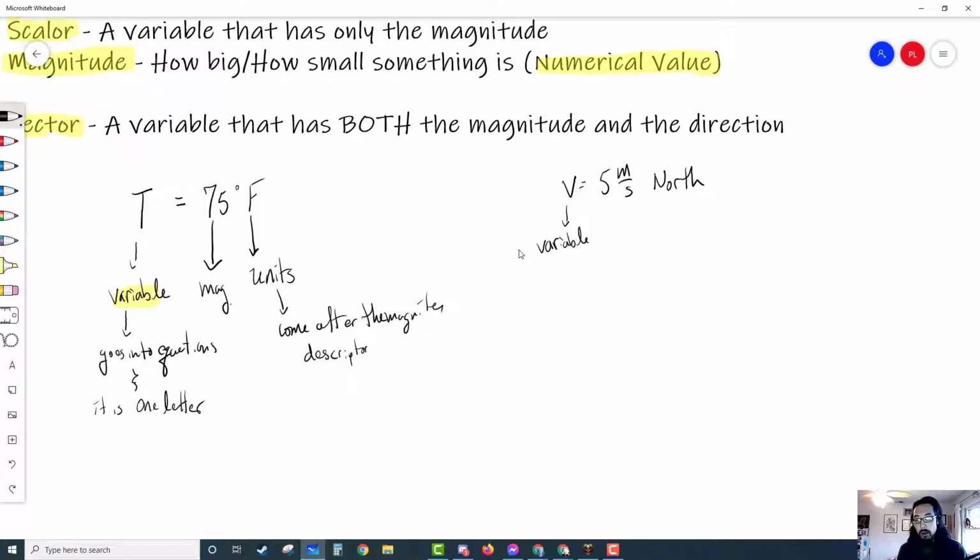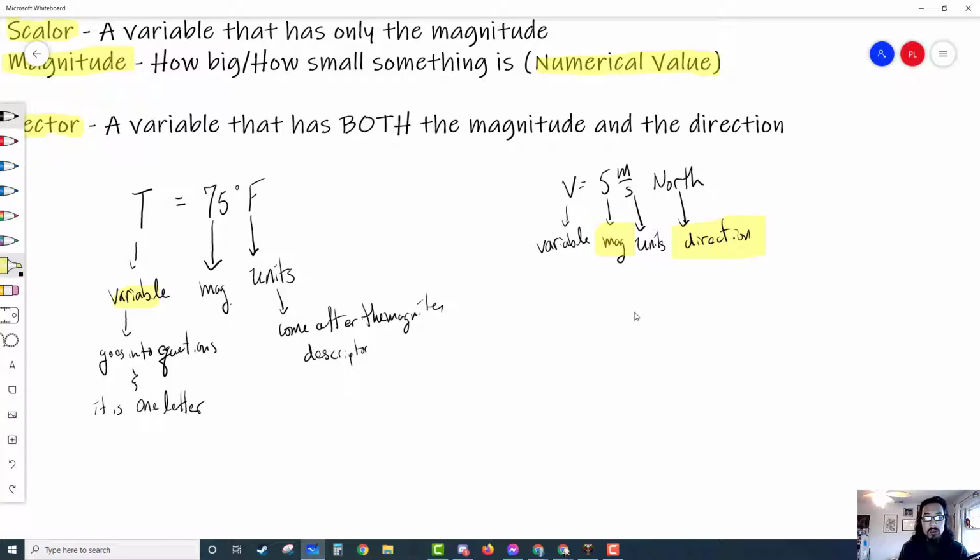Okay, v for my velocity, that's my variable. 5 is my magnitude. Meters per second, those are my units, and north is my direction. So if we take a look at the definition, a vector requires both magnitude and direction. All right. So velocity will be an example of a vector.